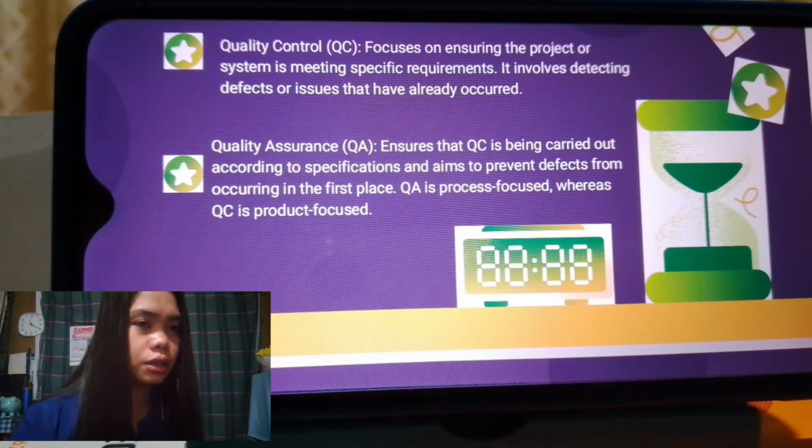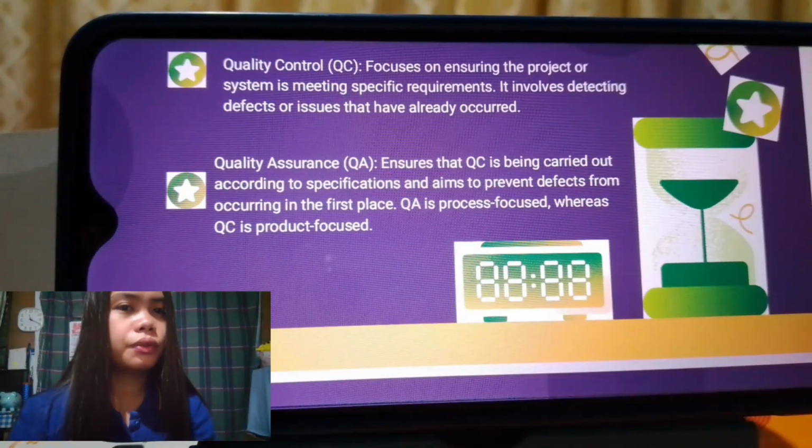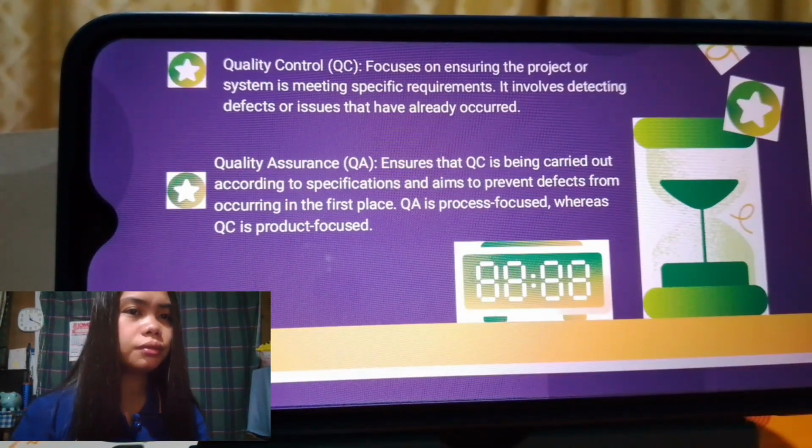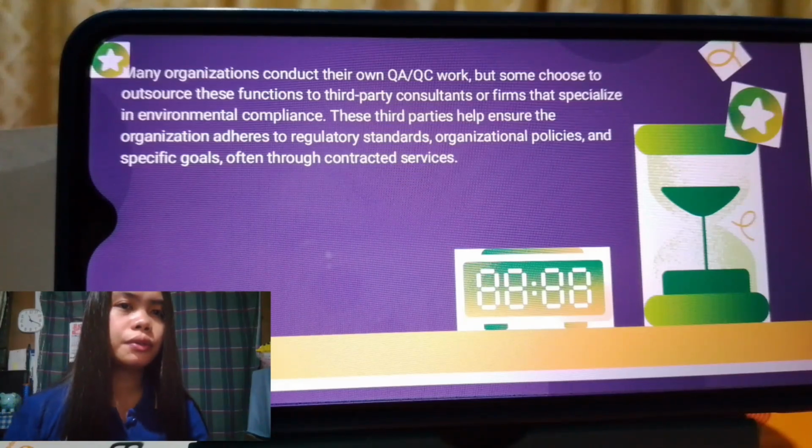It involves detecting defects or issues that have already occurred. For quality assurance, it ensures that QC is being carried out according to specifications and aims to prevent defects from occurring in the first place. QA is process focused, whereas QC is product focused.